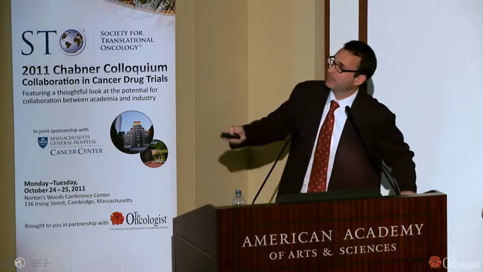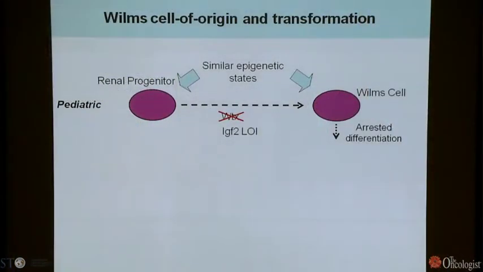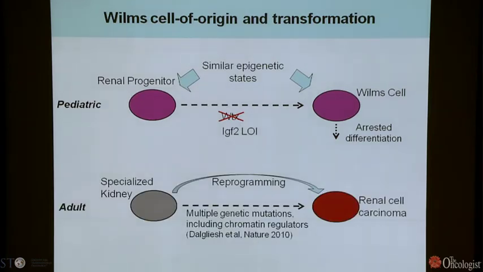So let me just build upon that here. The hypothesis is that the Wilms cell is really mimicking this normal renal progenitor in terms of its epigenetic state and its transcriptional regulatory network. There are not so many changes needed to lead to arrested differentiation and thus transformation in this context. And I would hypothesize and contrast this with an adult renal cell carcinoma, for example, where these renal progenitors are no longer present.